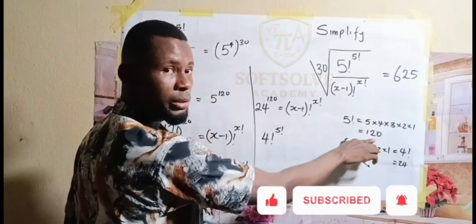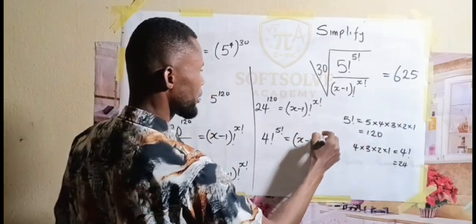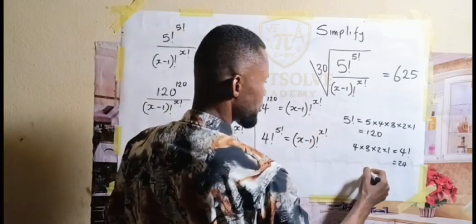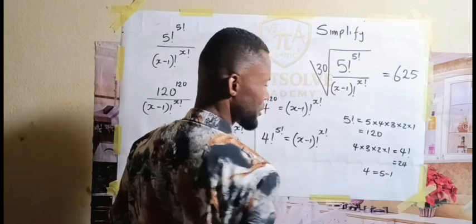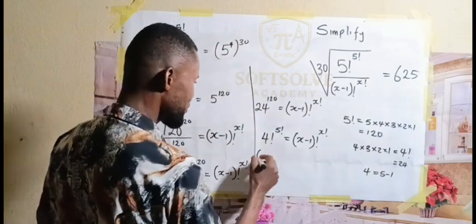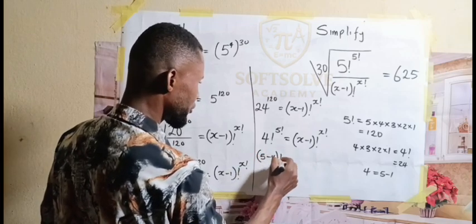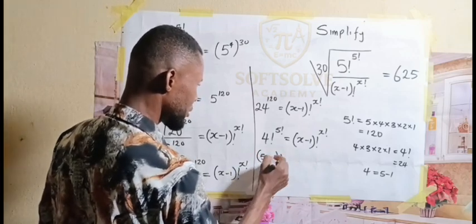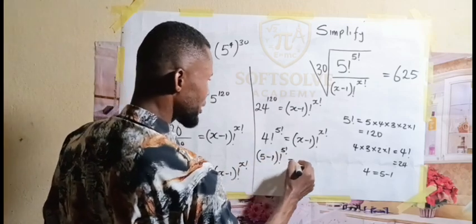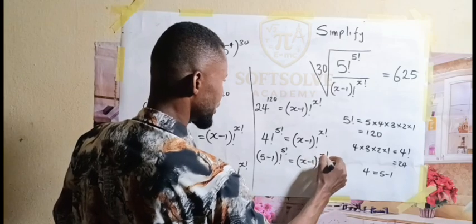This becomes equal to x minus 1 factorial raised to the power of x factorial. But we know that 4 is the same thing as 5 minus 1, is it not? Yes, it is. So this 4 can be replaced with 5 minus 1. So 5 minus 1 factorial raised to the power of 5 factorial should be equal to x minus 1 factorial to the power of x factorial.